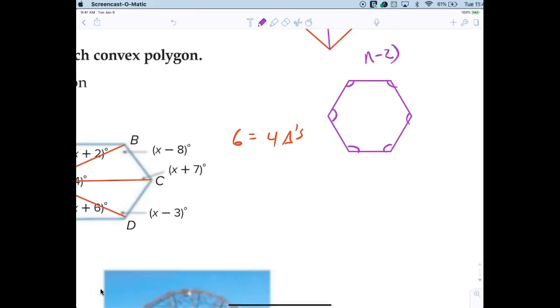N minus 2 times 180 divided by N. That is the measure of the interior angle, if it is regular. And again, it's not really something you have to write down or memorize. All of the angles add up to N minus 2 times 180, correct? And if they're all equal, then you just divide by N.